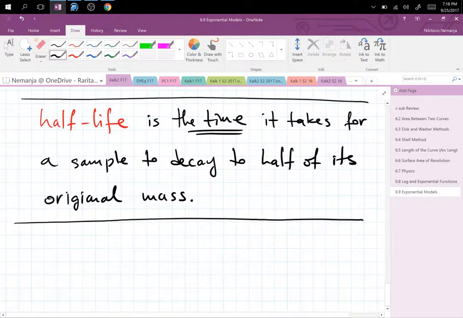So half-life is the time in which a sample of something, whether it's a piece of garbage, banana peel, or a uranium sample that radiates, will lose half of its mass. If you start with 10 grams, you wait, it's going to be 5 grams eventually, right? Then half of those 5 grams, you have to wait another period of time, and so on.